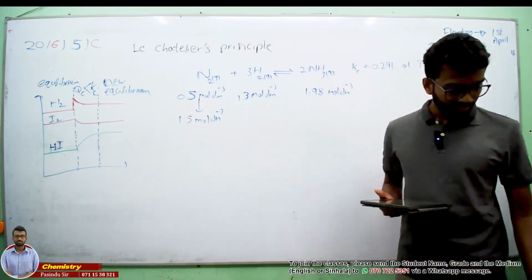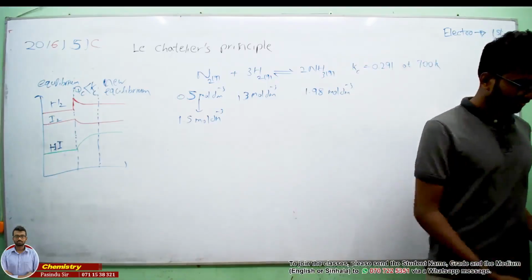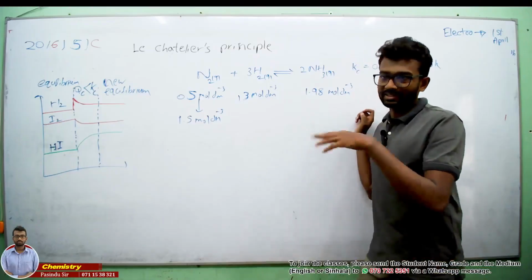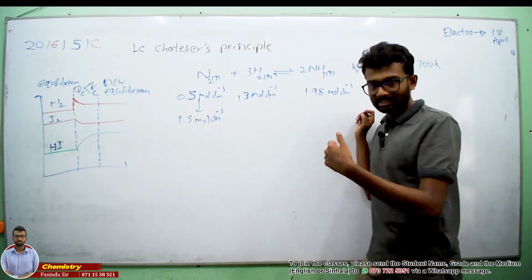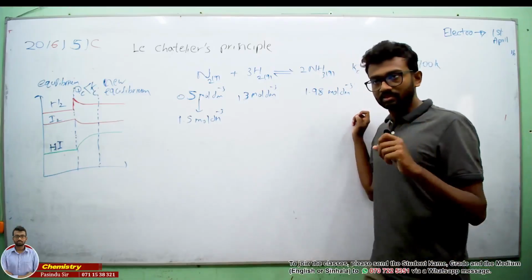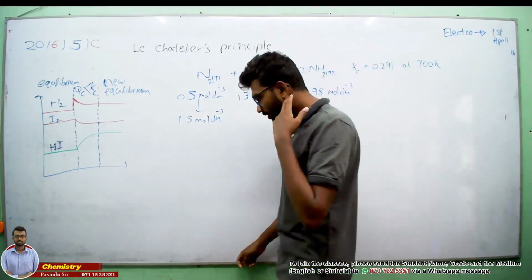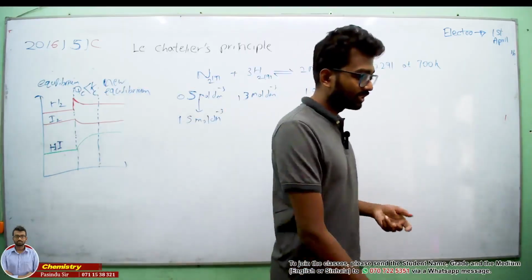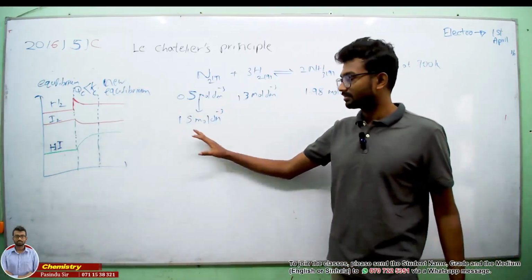Right. First thing, this is not the exact question, right? These are examples. I just gave it as a question. So first explain qualitatively. How to explain qualitatively? Just say what happened.